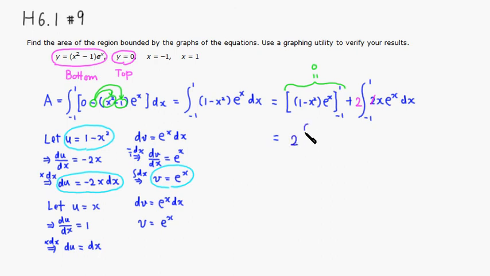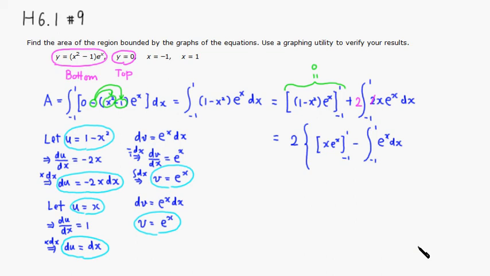Then we do uv minus the integral of v du. So uv is x e to the x, going from negative 1 to positive 1, minus the integral from negative 1 to 1 of e to the x dx.